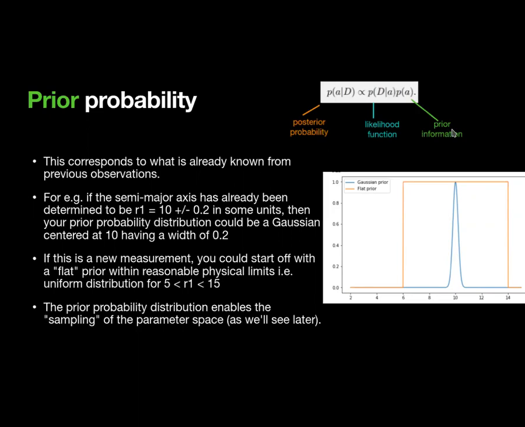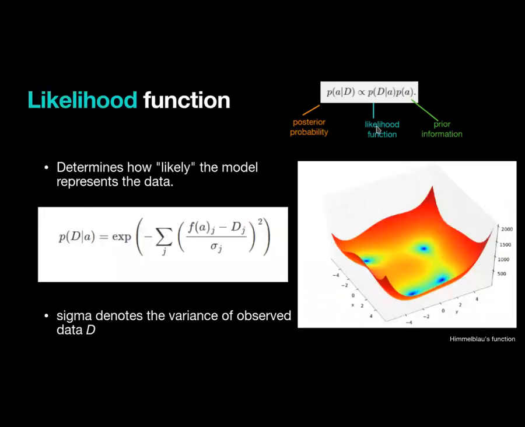Once you have the prior information, the next step is to compute the likelihood function. The likelihood function essentially quantifies how likely the model represents the data. So you need some sort of an estimate of whether the model is close to the data or not. One simple case is a least squares estimate. A is a model parameter, you take f of A, and j denotes every single data point.